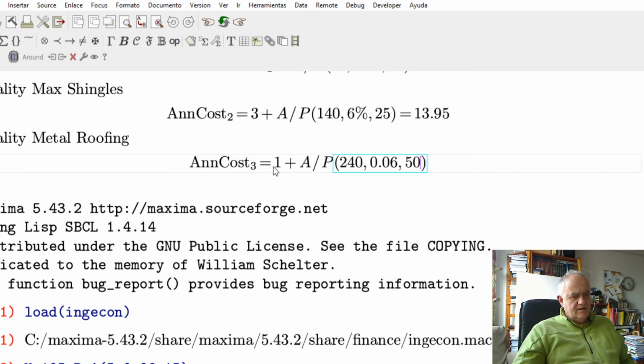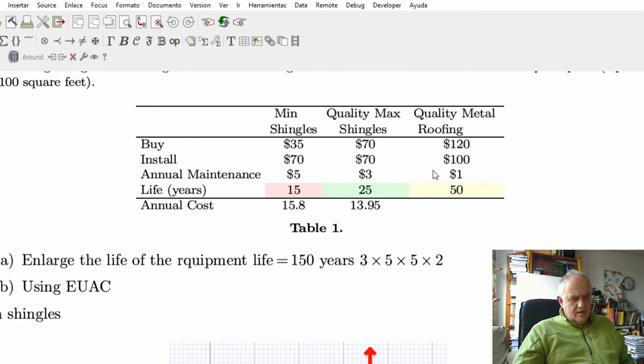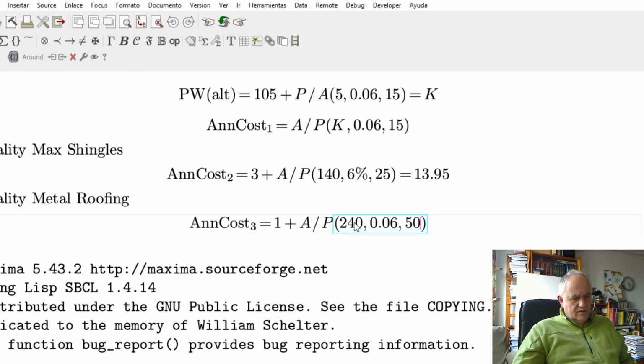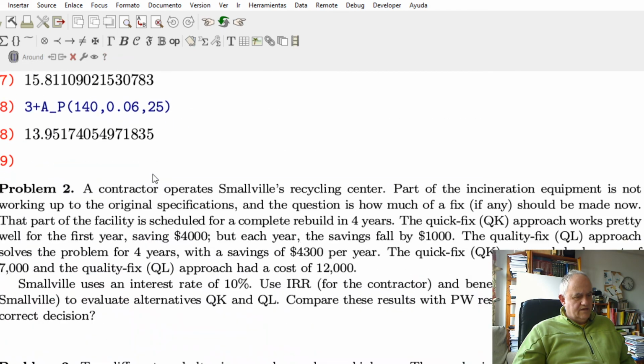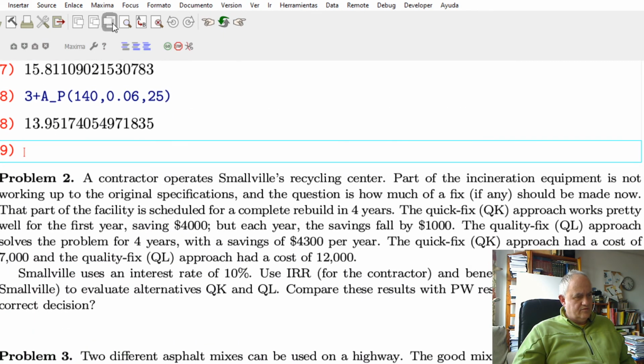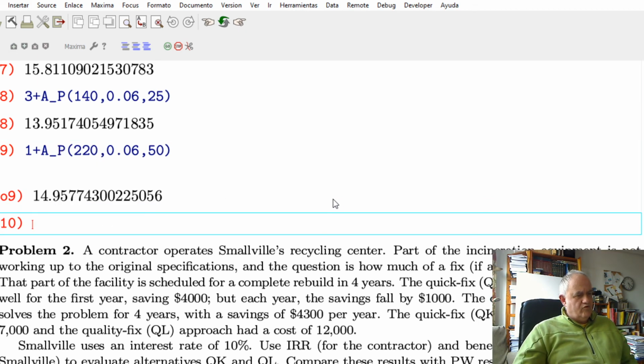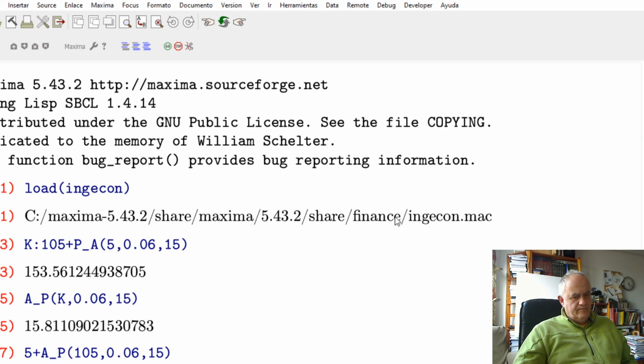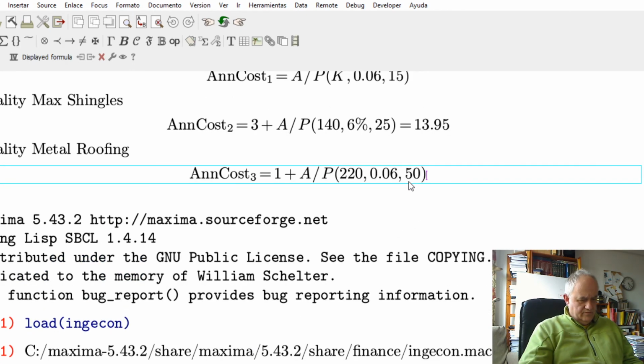Let me check if the numbers are okay. 220, sorry, not 40. And this is the annuity for this case. Again, ask Maxima how to get it. $14.95.